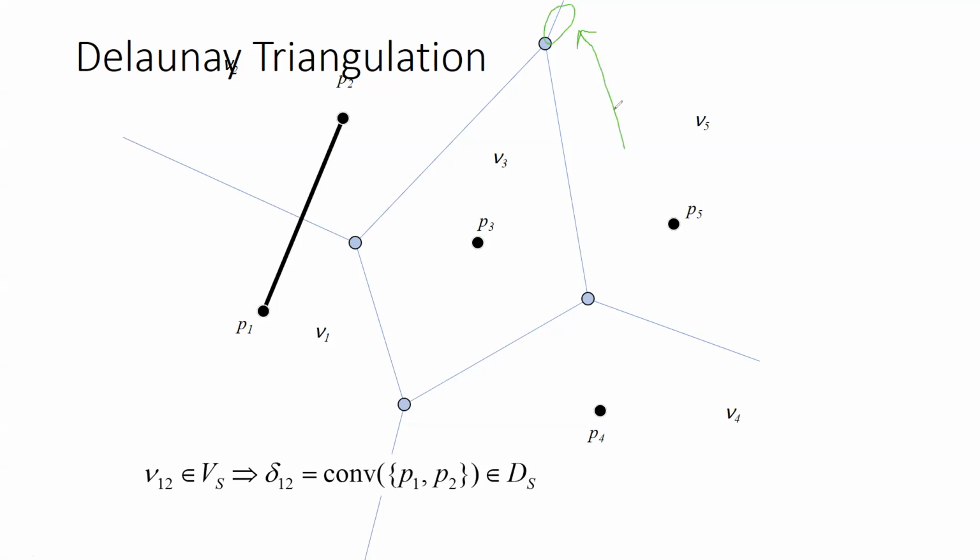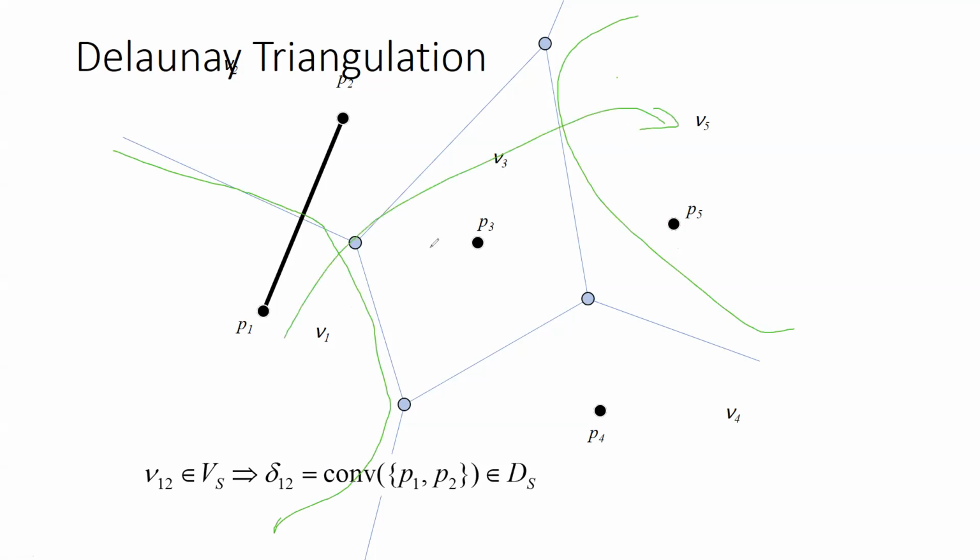Okay, this is the intersection of P2 and P5, and so on. But you can see P1 and P5 do not intersect. The region of P1 is this one, the region of P5 is this one, and these two do not intersect each other. And that's why there's no line for P1 and P5.